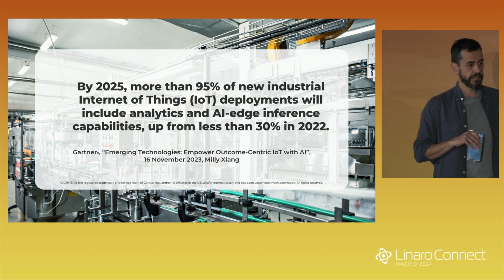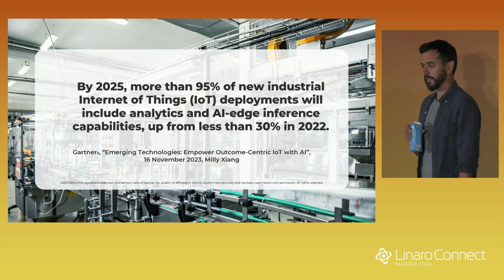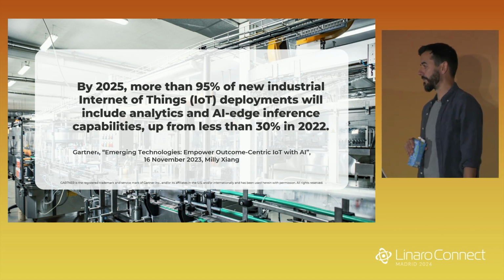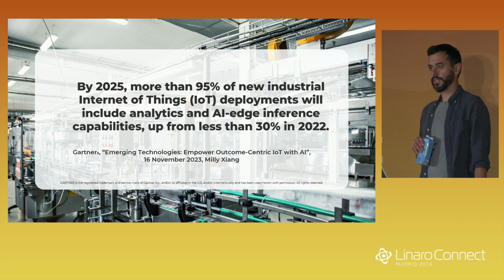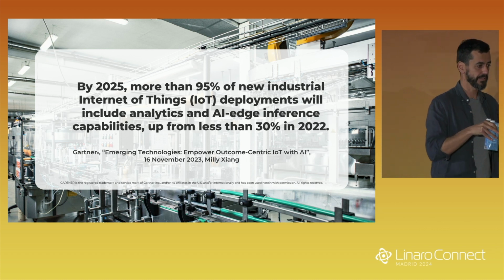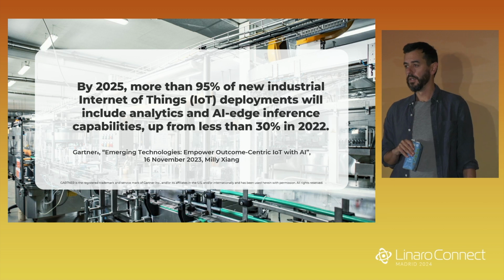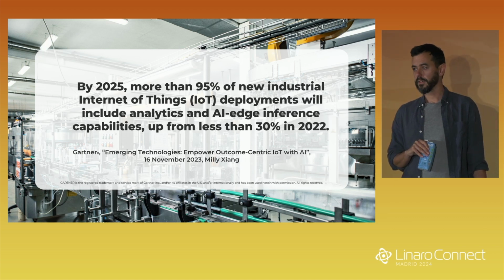Obviously, I work for a company that does edge AI, but it's not just me saying it. There's a definite trend of edge AI becoming big, because why wouldn't it? Once you manage to make these devices efficient and able to do AI compute, you have a lot of possibilities.